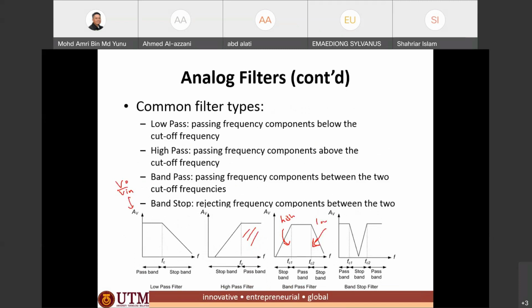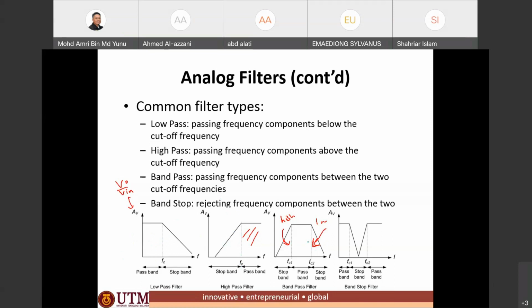The common filter types are low pass, which only allows frequencies below the cutoff frequency. FC is the cutoff frequency. Anything below will be allowed, and above the cutoff frequency will be removed. High pass: anything above the cutoff frequency will be allowed, and below will be removed.